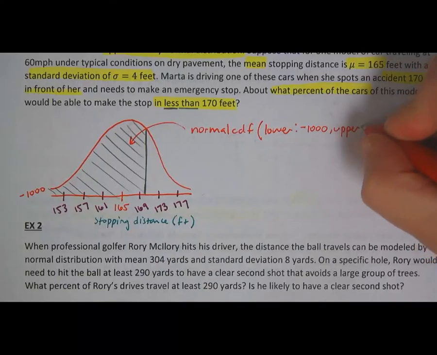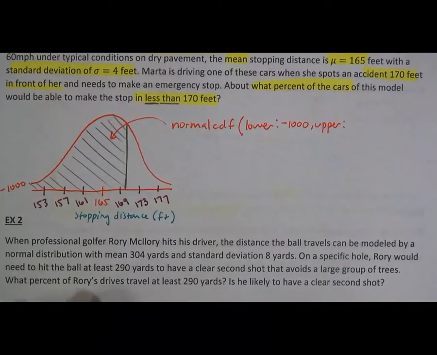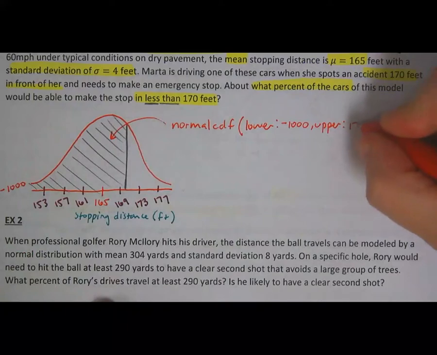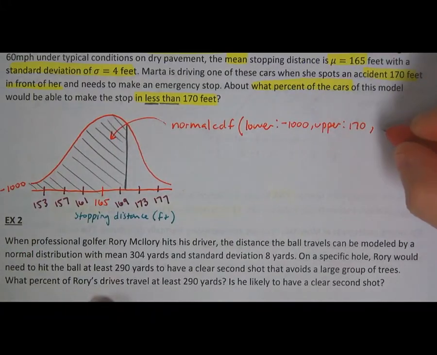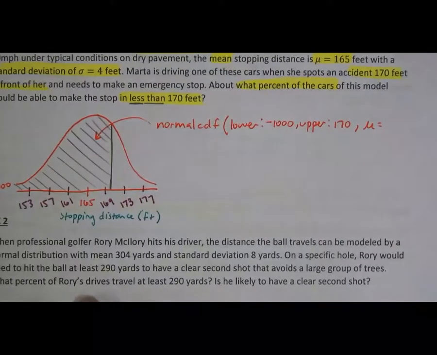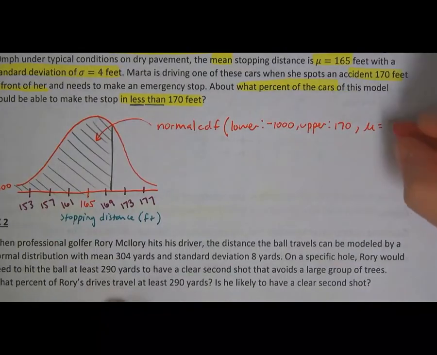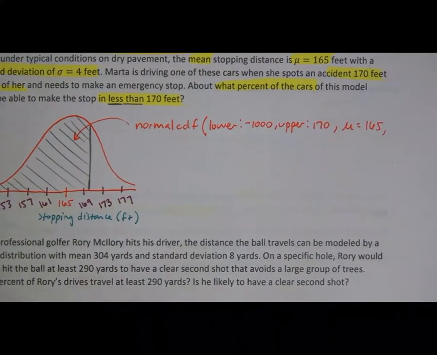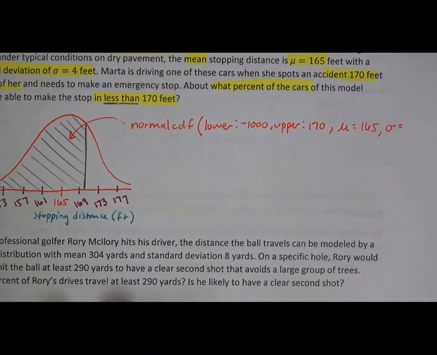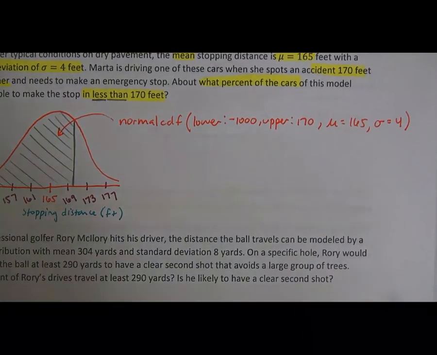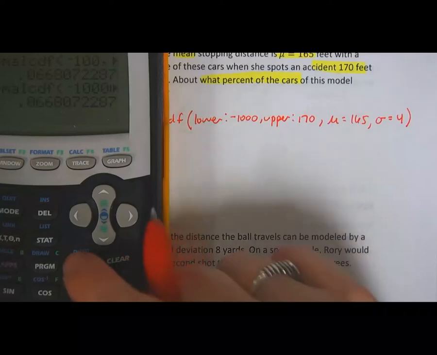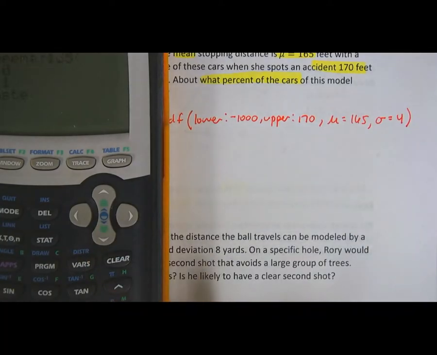What will your upper be? Where does your boundary stop? Good, it's the number in the problem. What will you put in as mu, or your average? 165, that was given to you in the paragraph. What will you put as your standard deviation? 4, that was given to you in the paragraph. How easy is this? The most time-consuming part is drawing the picture. Negative 1,000, 170, 165, 4, enter, enter, enter.